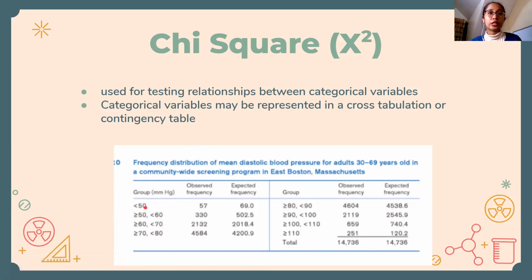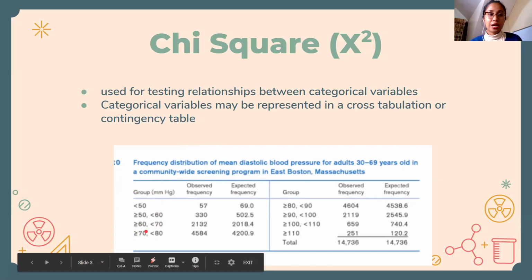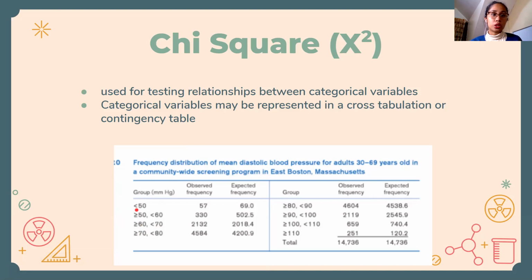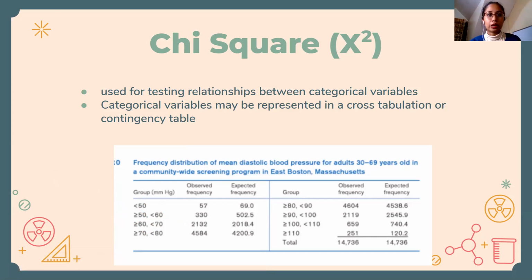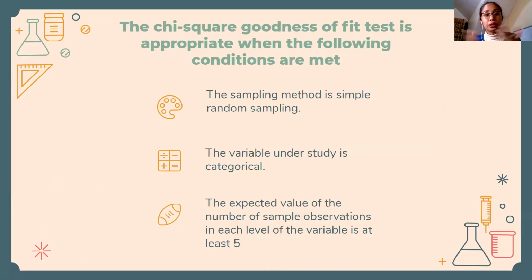They group the results of the blood pressures. Yan, diastolic less yung nasa taas ng blood pressure. Kunyari 90 over 120. More than 50, less than 60, ganyan. So they grouped it based on the result of the diastolic pressure, something like that.